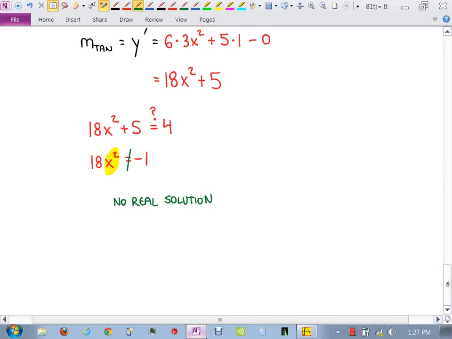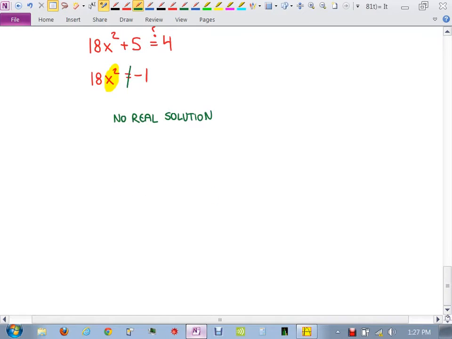Sure, what's up? I added number 7 to the homework. Find the slope of the tangent line of the curve. Okay, yep, I'm with you.